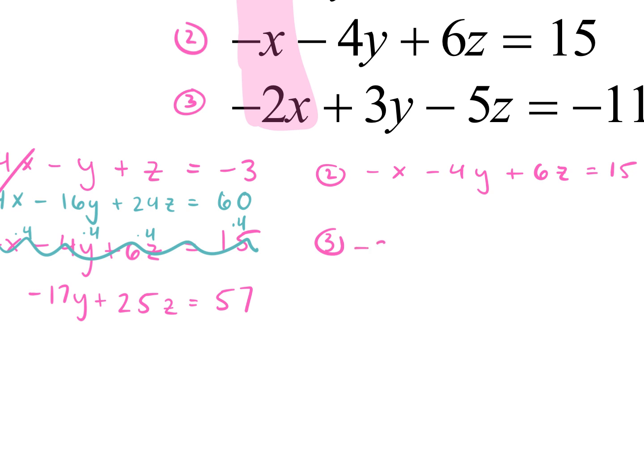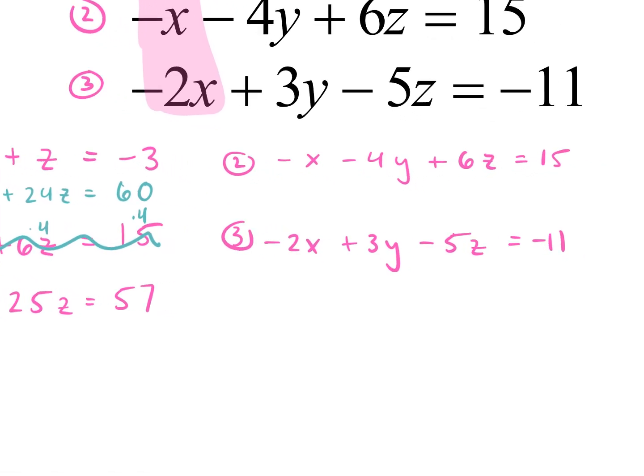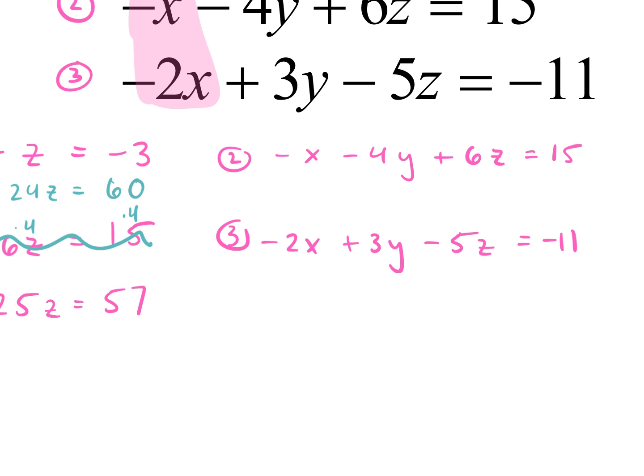And 3 is negative 2x plus 3y minus 5z is equal to negative 11. So what do we need to multiply by and to which equation to get the x's to cancel here? Awesome. We're going to multiply negative 2 to our first equation here.